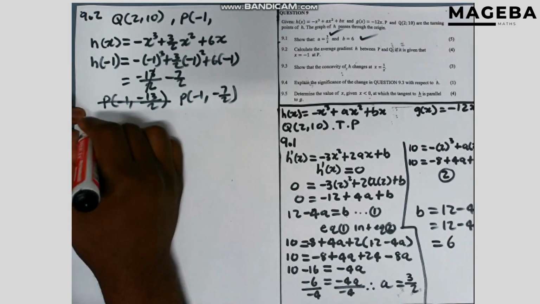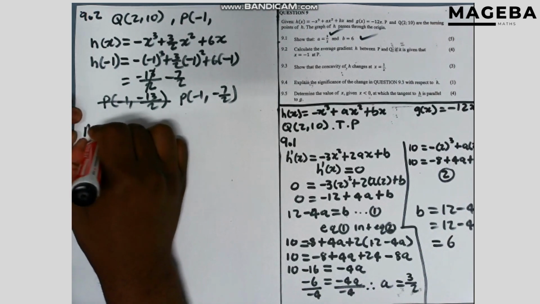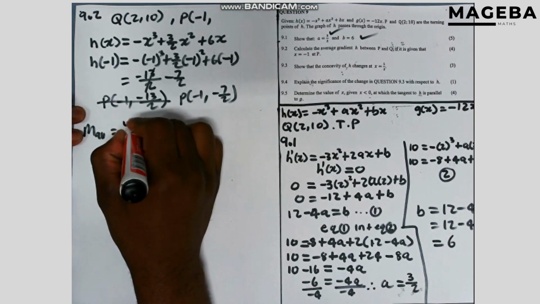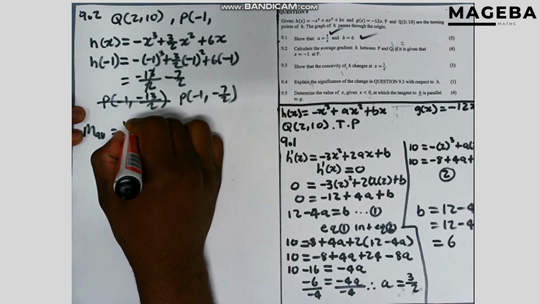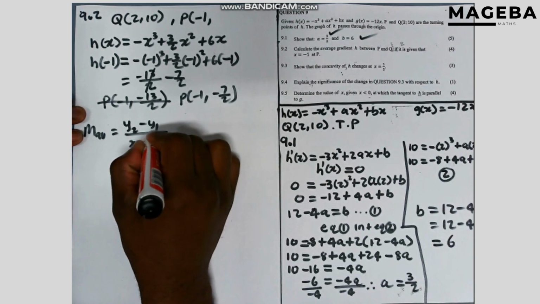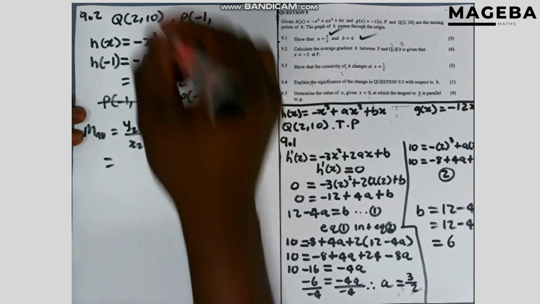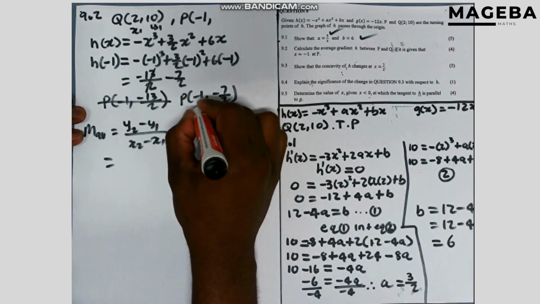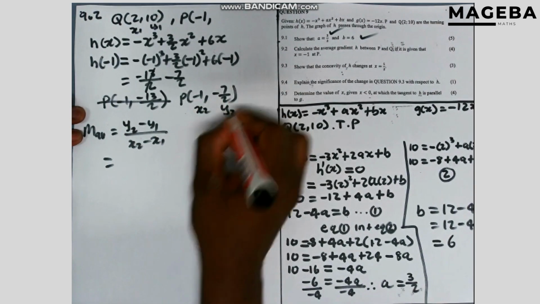Finding the average gradient is just finding the gradient. So m of the average, the equation of the gradient, change in y over change in x, so y2 minus y1 over x2 minus x1. So I'm going to make this one x1, this is y1, and this one x2, this is y2.